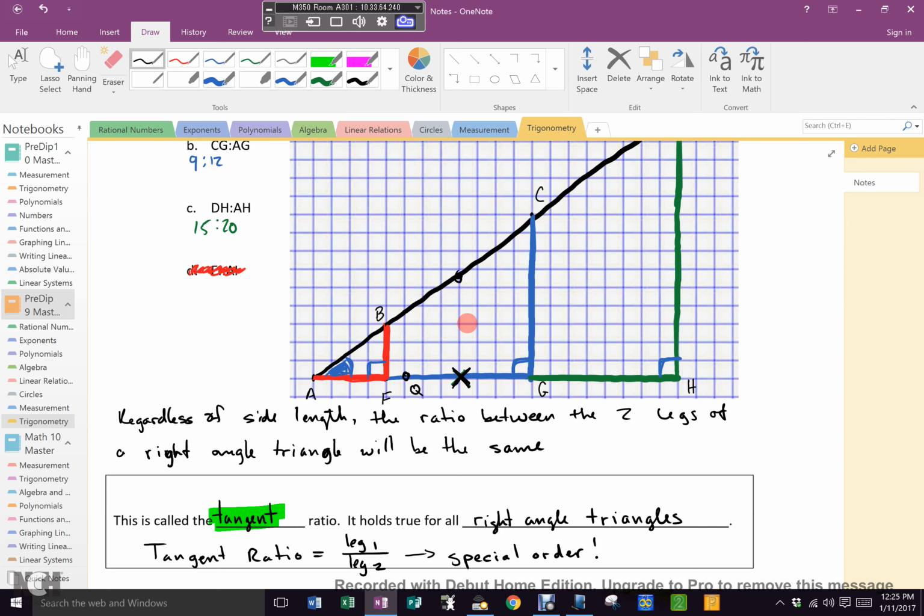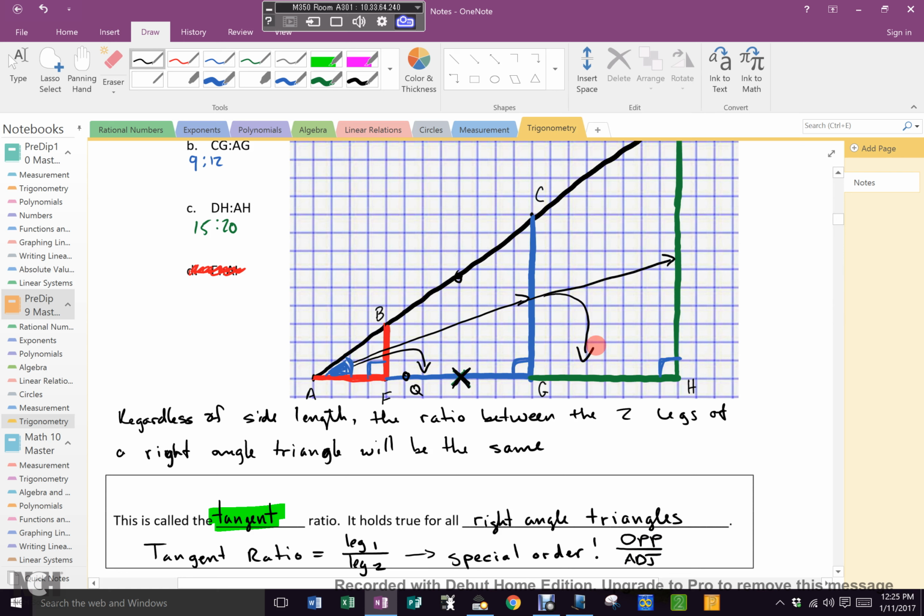The vertical one, right? Okay. So the special order is this. It is the opposite over the adjacent. Opposite means what in trigonometry? Opposite divided by the adjacent.